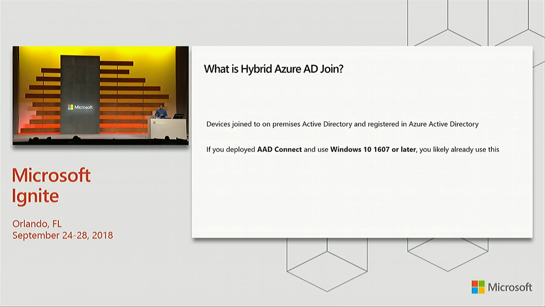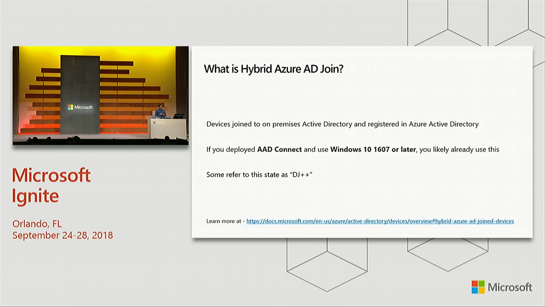There's already code in Windows which automatically registers your on-prem AD joined devices into AAD if you've deployed AAD Connect. And if these terms aren't confusing enough, I'll throw one more in there. Some of you also refer to this as DJ++. You can find out more in that link below, and these slides will be shared after. But that's roughly what we're talking about.